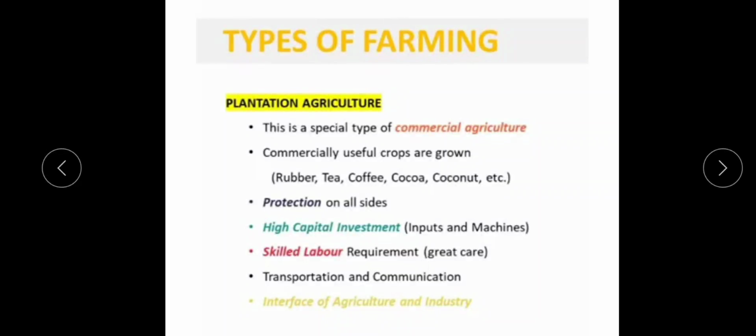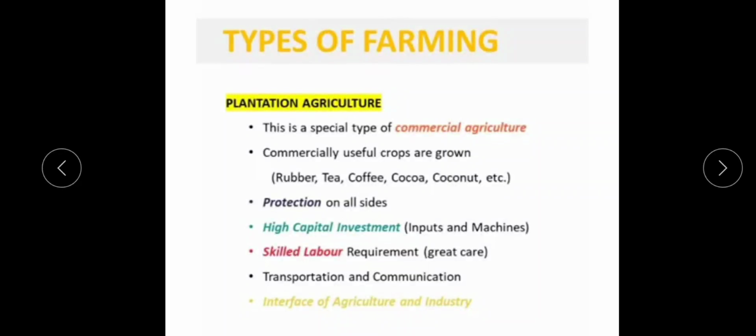In short, plantation agriculture is where they farm trees or bush, but it requires a lot to do this agriculture: lot of capital, technological knowledge, good fertilizer, irrigation facility, transport facility, managerial skills.